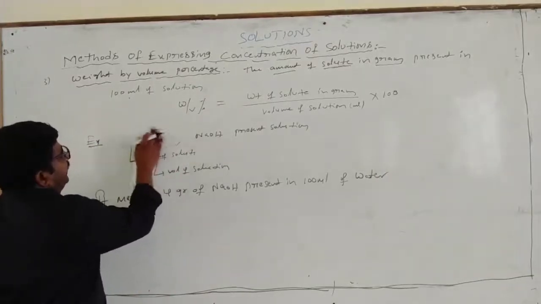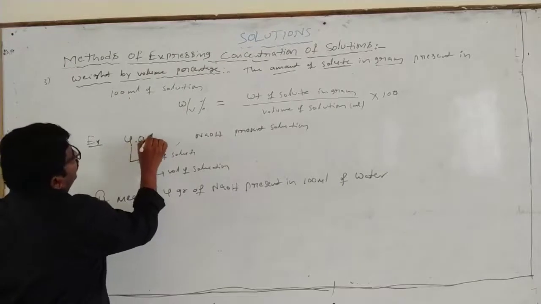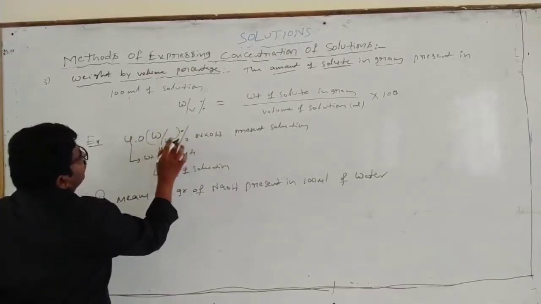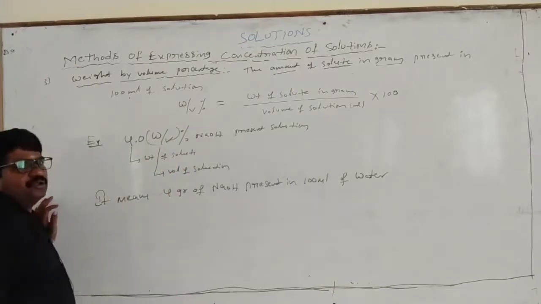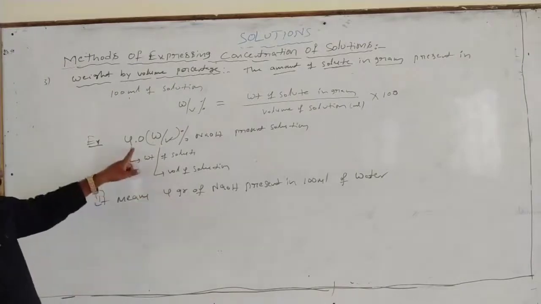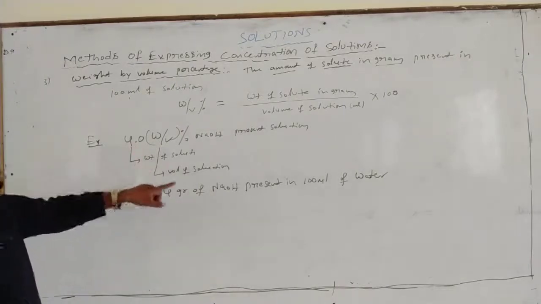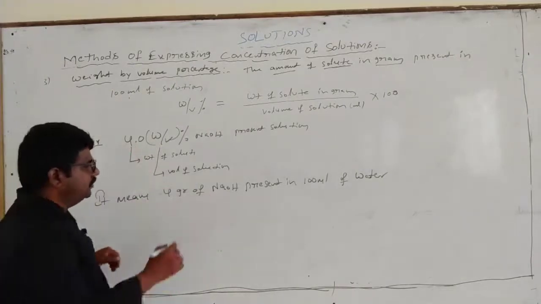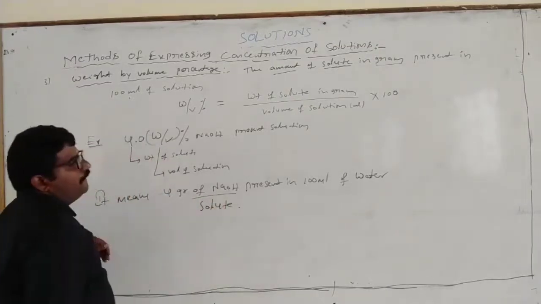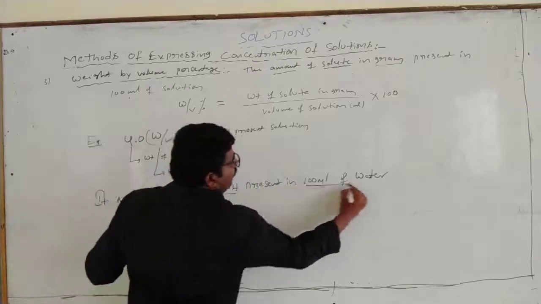I will write it neatly. 4.0 weight by volume percentage of NaOH present in solution means 4 grams of NaOH, that is the solute, present in 100 ml of water.